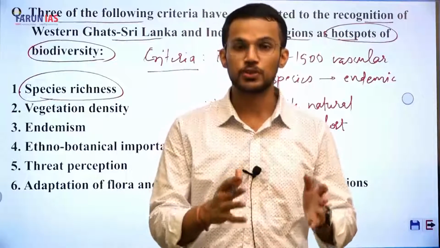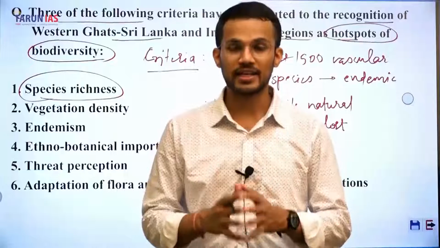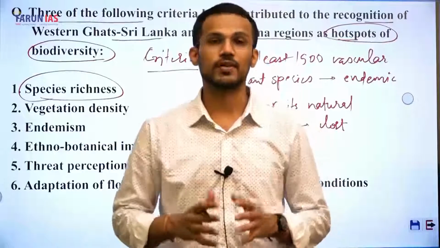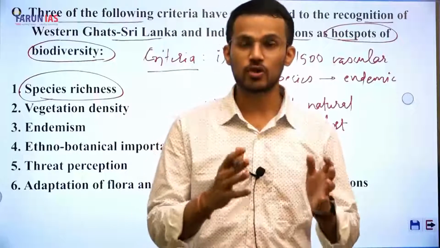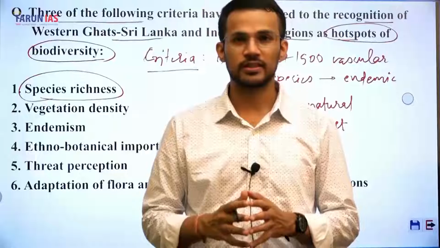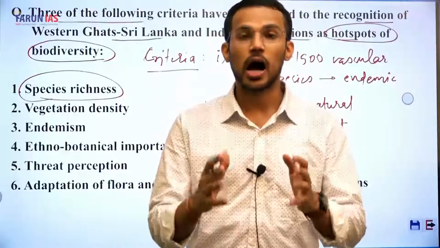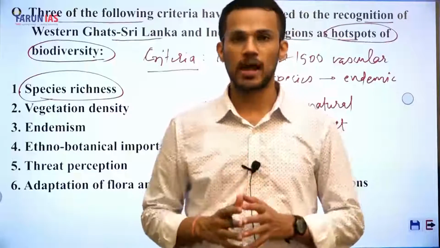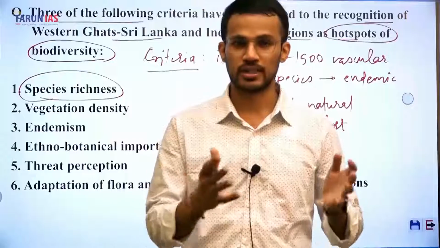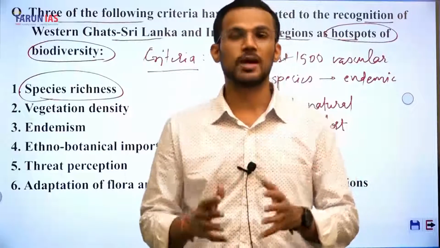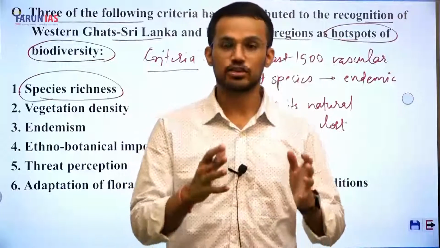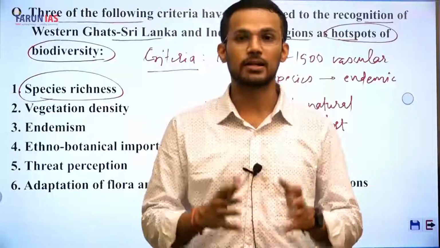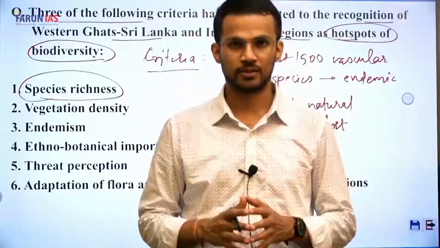First is species richness, and second is species evenness. Whenever we talk about species richness, we focus on how many species are occurring in a particular habitat. Suppose there are 10 species of plants and animals, then the species richness of that habitat becomes 10.